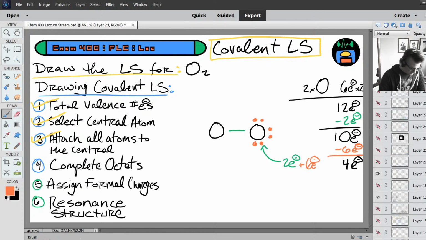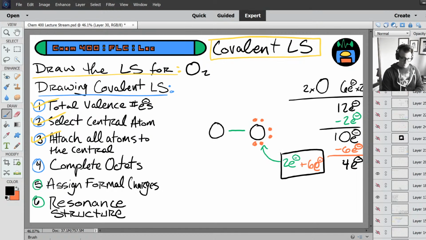So now we have 2 electrons plus 6 electrons is 8 electrons.